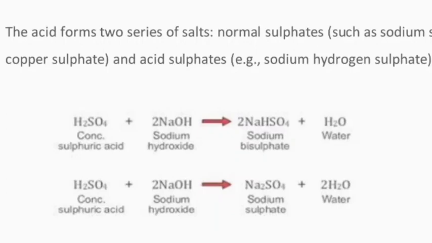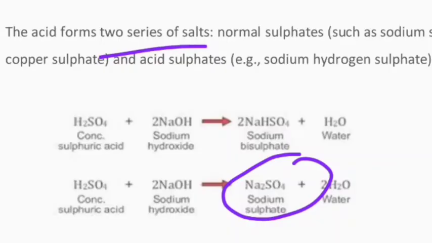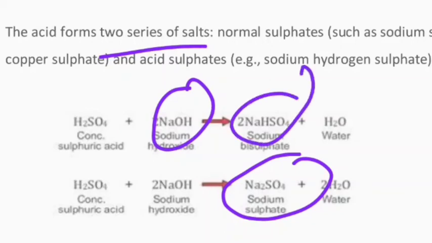The acid forms two series of salts. One is normal sulfate, like sodium sulfate, potassium sulfate, and the second one is bisulfate. Bisulfate means hydrogen sulfate. For example, if it reacts with alkali, sodium hydroxide, it forms sodium hydrogen sulfate and normal sodium sulfate.